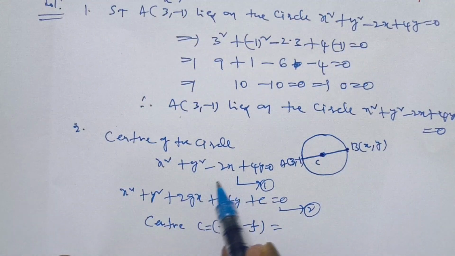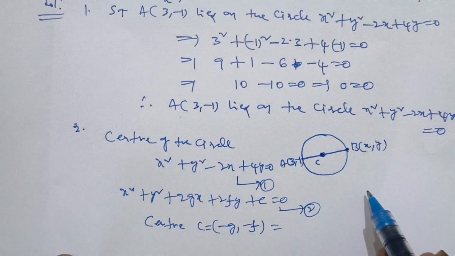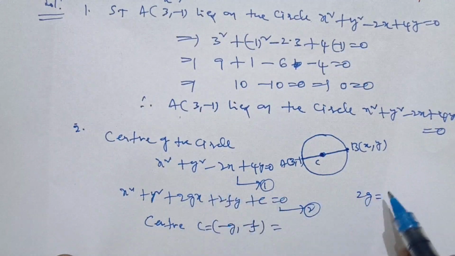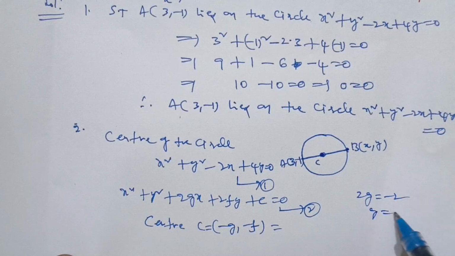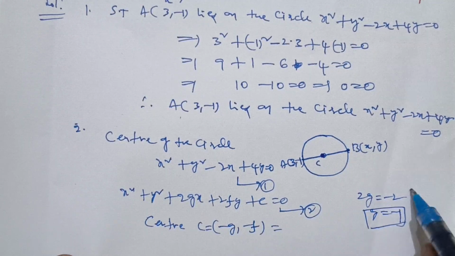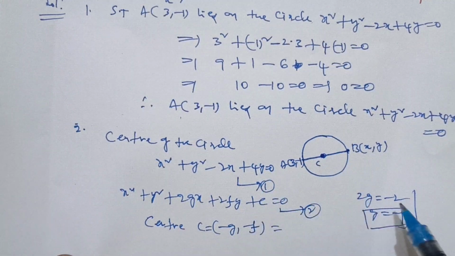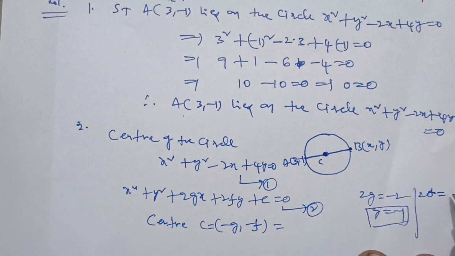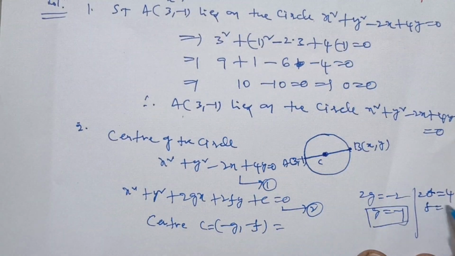Comparing the x coefficients, we have 2g is equal to minus 2, g equals to minus 1. And comparing y coefficients, 2f is equal to 4, f is equal to 2.